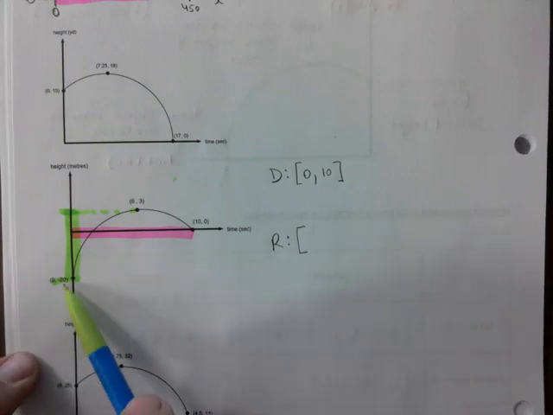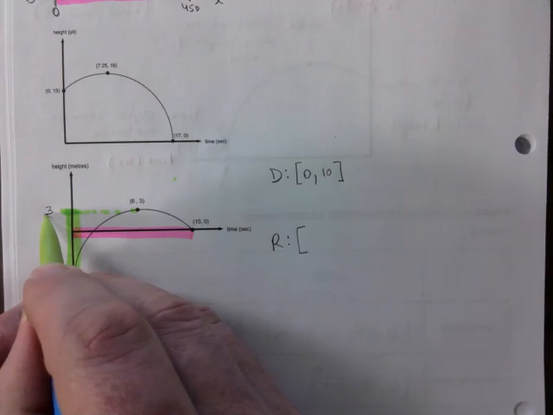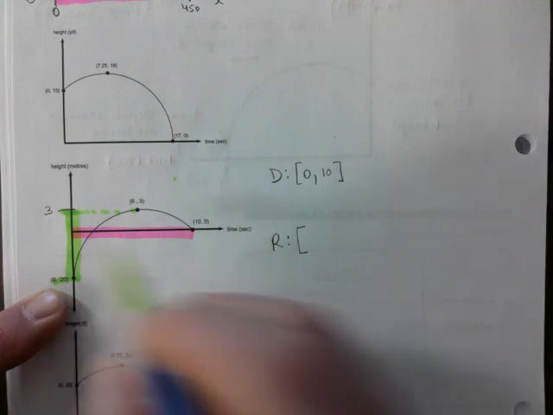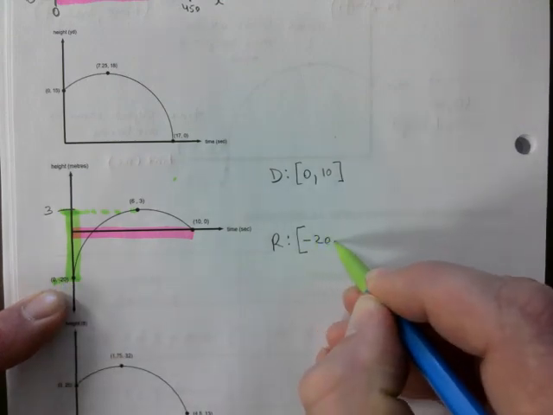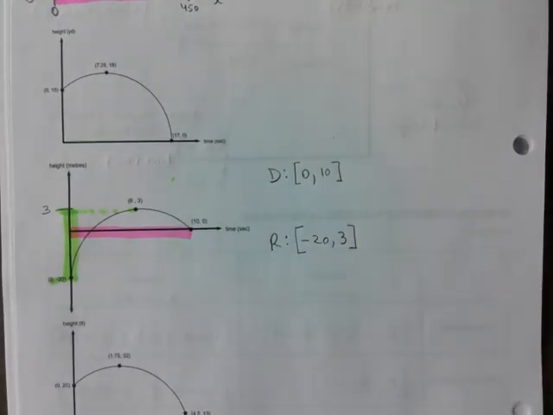So we know it goes from -20 all the way to +3, correct? You have to make sure you grab the lowest first and then the highest second. So that's how you would state the domain and range for this particular situation.